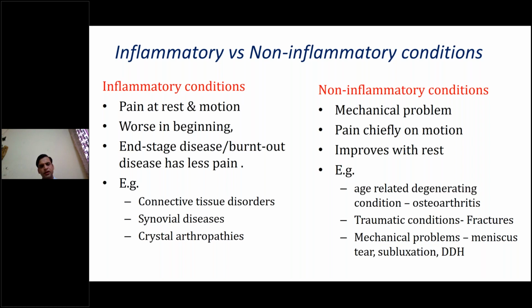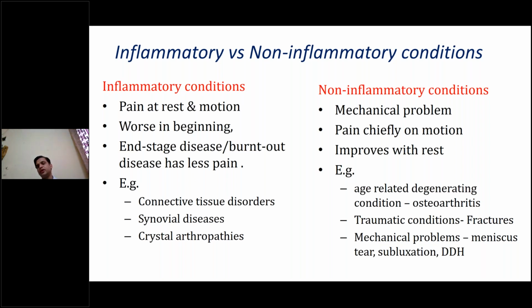Classical examples of inflammatory conditions are all synovial diseases, for example pigmented villonodular synovitis, reactive arthritis, and all connective tissue disorders like rheumatoid arthritis, Reiter's arthritis, Behcet's arthritis, and the crystal arthritis.